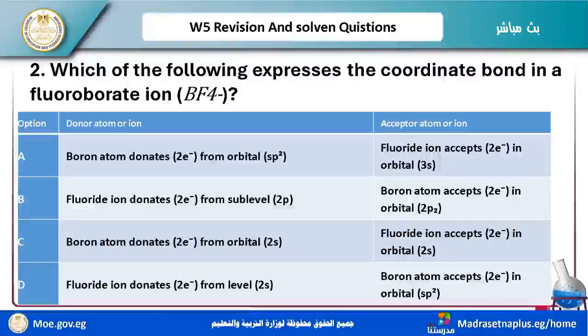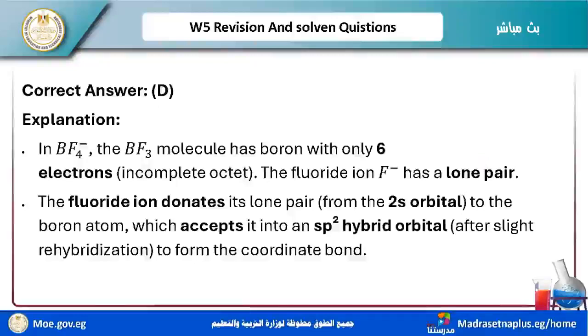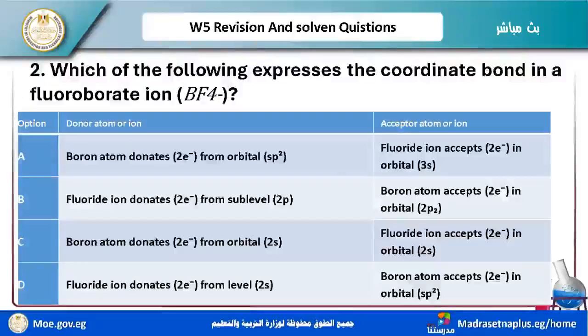Fluoride ion accepts 2 electrons in orbital 2s. Boron atom accepts 2 electrons in orbital sp2. Now we have many choices. You must use the column-by-column method to know which one expresses this coordinate bond. You must have one donor and the other acceptor. Okay, the correct answer is D, because the fluoride ion donates 2 electrons from level 2s.